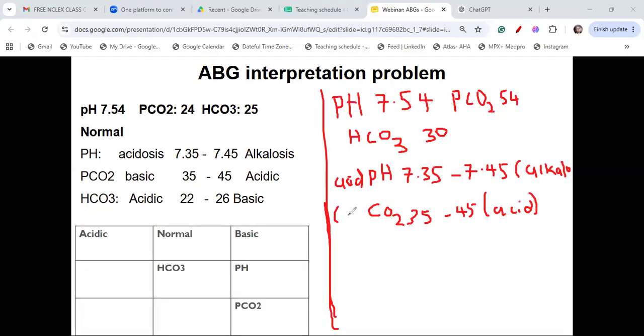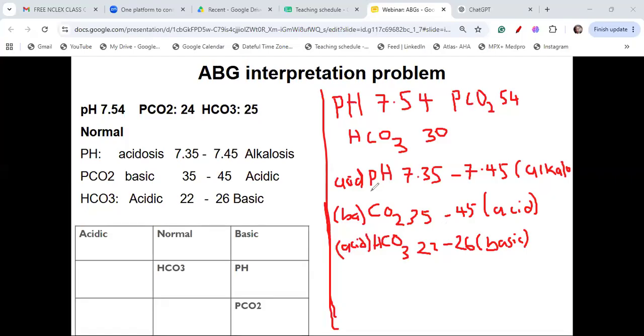On this side, it is basic. If you don't write this, you'll not get this question correct and you'll not get any ABG. You'd be doing guesswork. Bicarbonates, 22 to 26. On this side, basic. On this side, acidic. If you don't write this, you'll be guessing.